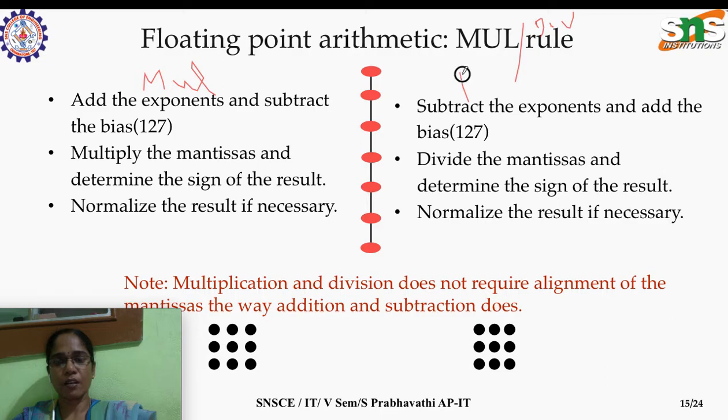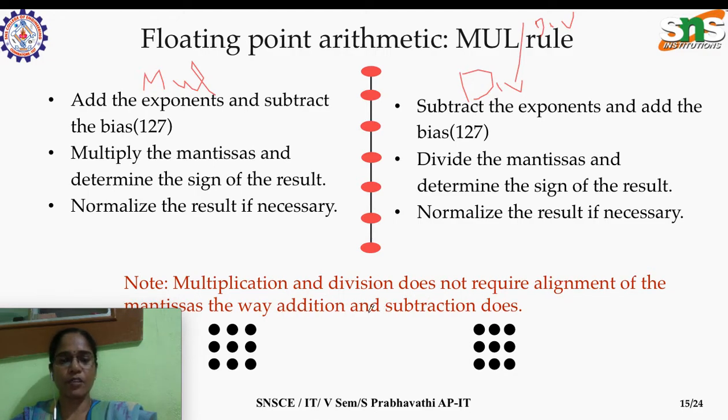Similarly, since multiplication is nothing but repeated addition, division is nothing but repeated subtraction. So for division, we need to subtract the exponents, and add the bias, whereas in multiplication we add the exponents and subtract the bias. Then divide the mantissa, determine the sign, and normalize the result. Multiplication and division do not require alignment of mantissa the way we did for addition and subtraction.